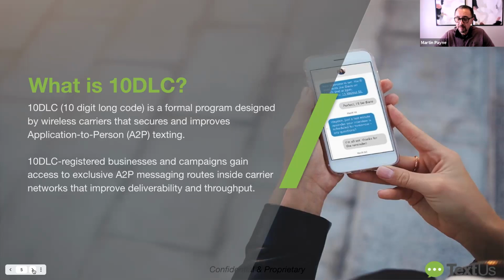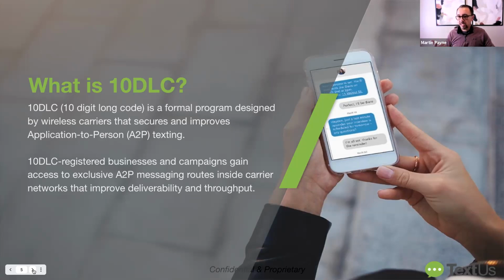Now, if you're like me, you might be a little bit skeptical about marketing-like terms, which this kind of smacks of. I will tell you though, given that we're skeptical on your behalf, we have actually done some testing of messages that go over P2P routes, which is person to person.